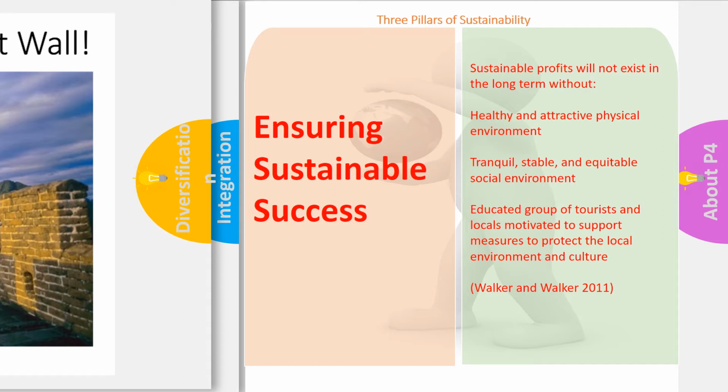Okay, so we're talking about long-term profits, and so many times we talk about businesses being in it for the long term and not for the short term. And as well as businesses, the tourism and hospitality industry and trade is a business, so it needs to be sustainable for the long term.